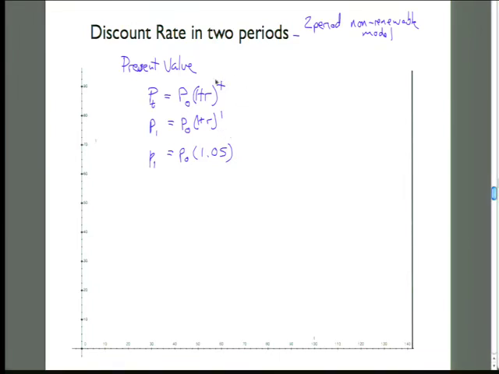We're discounting if we're going into the future, to the minus t. So p0 equals p1 over 1.05. So we're discounting. We're moving back and forth between time periods.